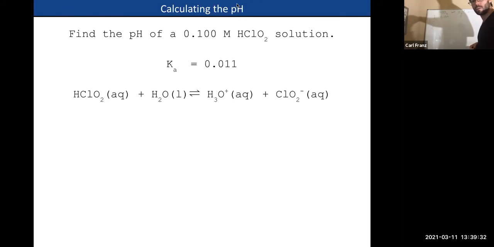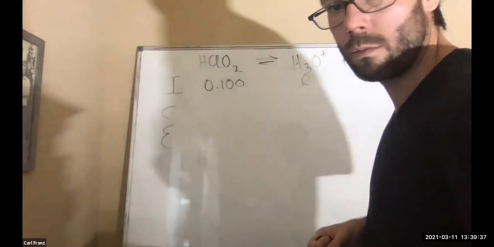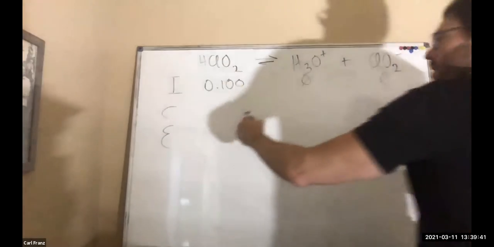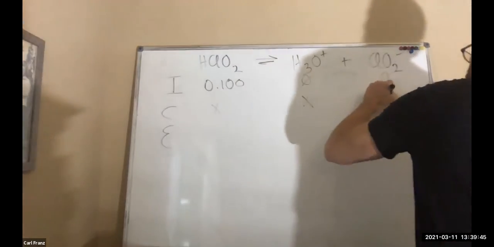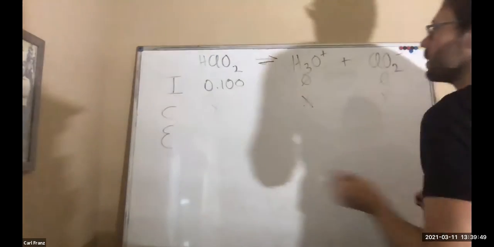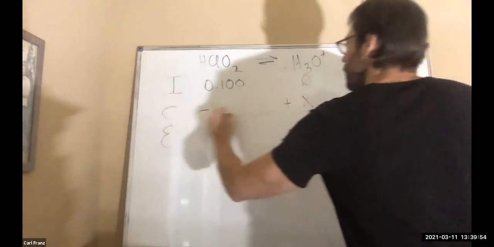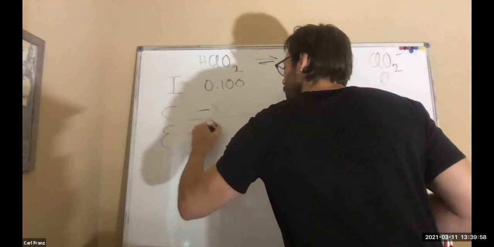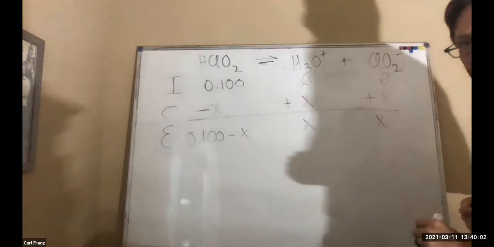Let me stop sharing, make this bigger. And then we have our X's, right? Because we don't know. Negative, positive, positive. So that gets to be 0.100 minus x, x, and x.